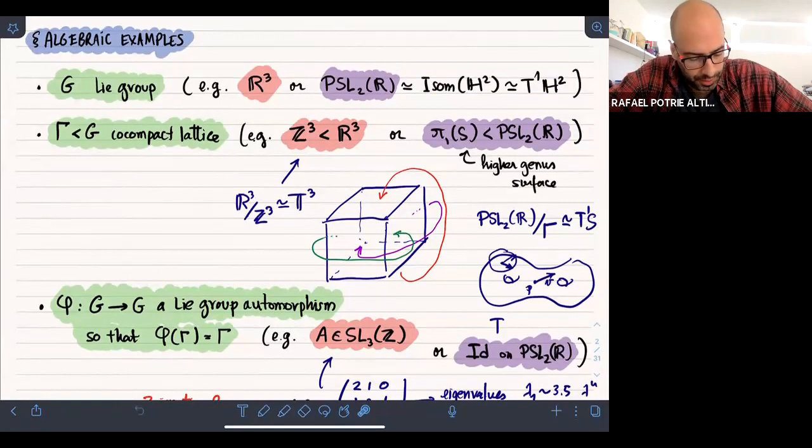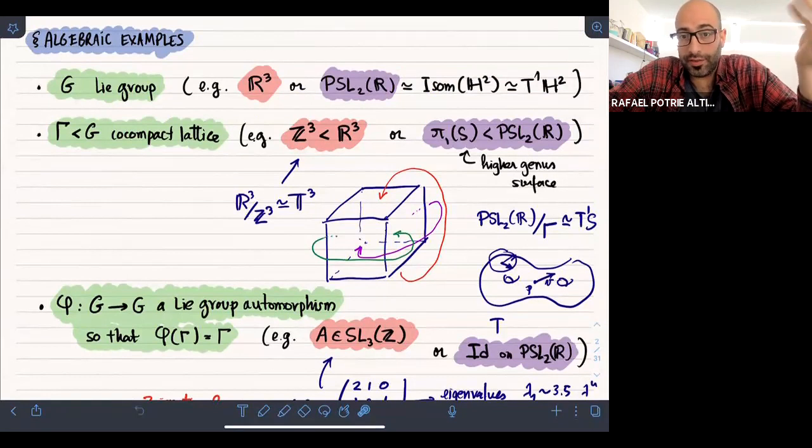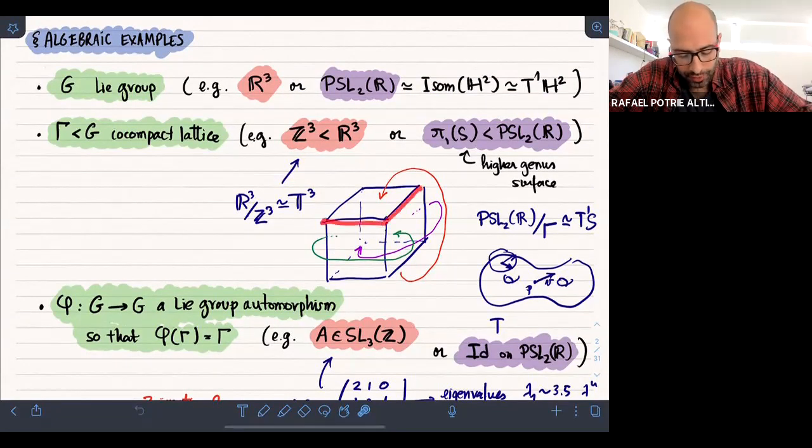For instance, in these examples, you can take Z3 as a discrete subgroup with compact quotient of the three-dimensional Euclidean space, which gives you the manifold we know as the three torus. This is a drawing of a fundamental domain of this action. It's a cube, and you identify bottom with top and so on.